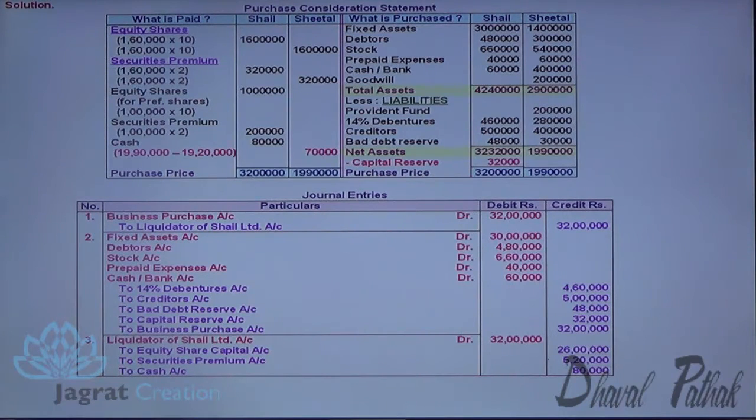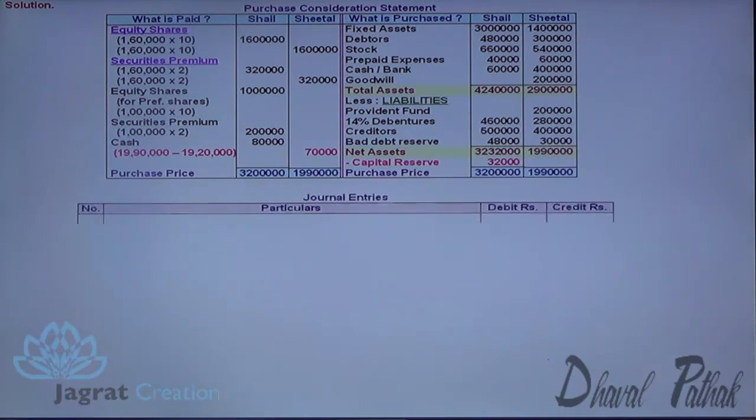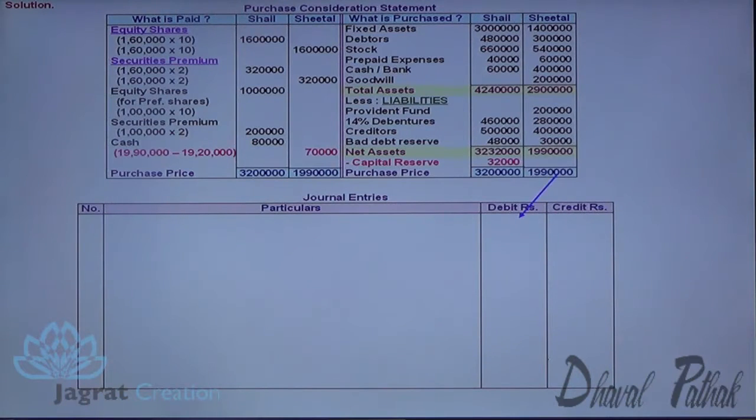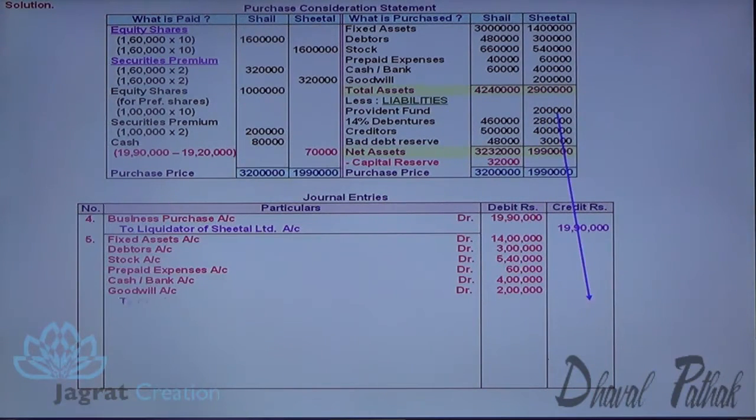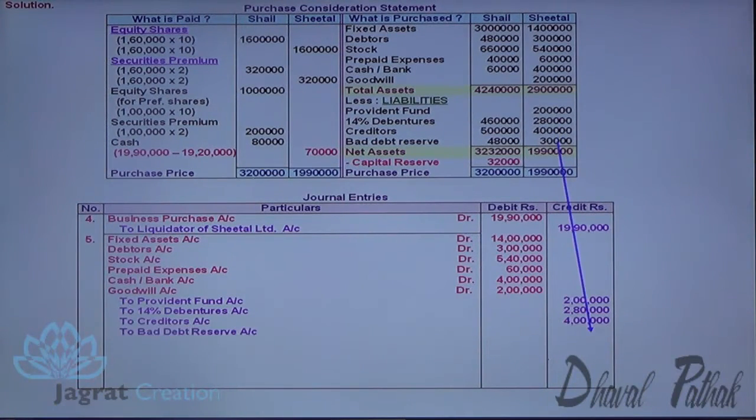Now I want to write down the entries for Sheetal Ltd. Business purchase account debit to liquidator of Sheetal Ltd account credit. You can write the narration in your own way. Fixed assets account debit, debtors account debit, stock account debit, prepaid expense account debit, cash and bank account debit, goodwill account debit, to provident fund, to 14% debentures, to creditors, to bad debt reserve, to business purchase account credit.